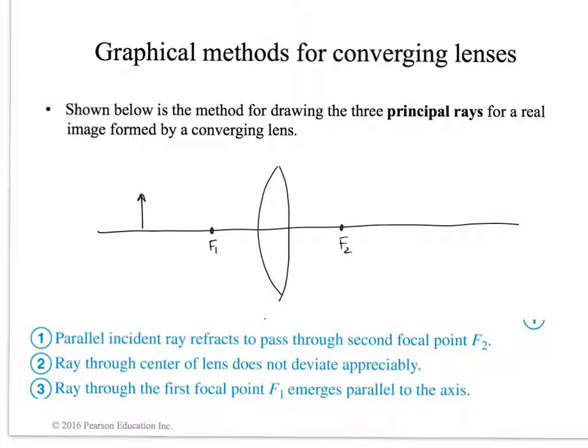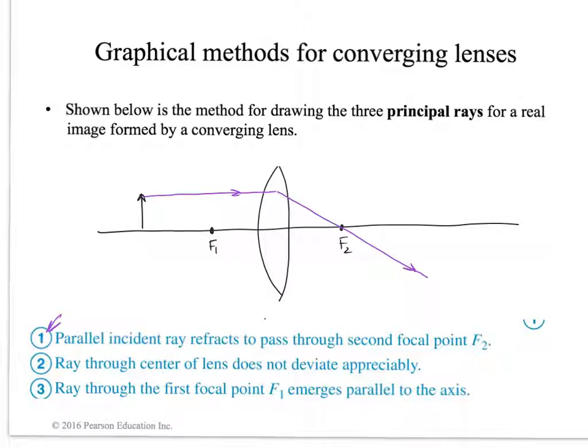For the first one, we're going to make it purple, if a light ray comes in parallel to the central axis, when it refracts in the lens, it's going to go through the focal point on the other side.